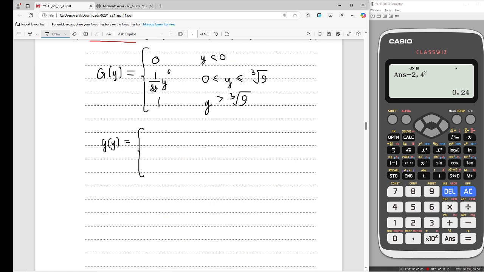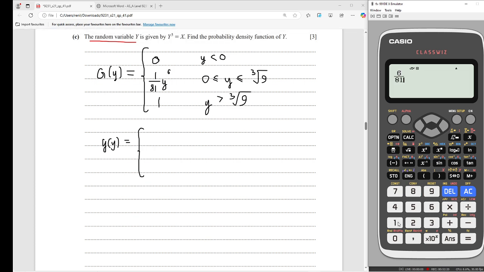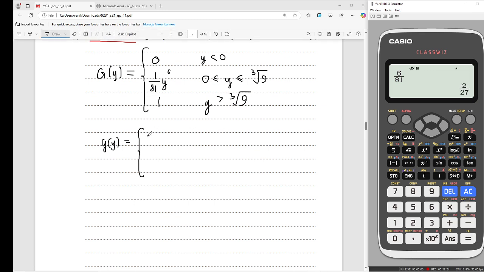So what's the function going to be when differentiated? It's going to be 6 by 81 multiplied by y to the power of 6 minus 1. So that is 2 by 27 multiplied by y to the power of 5. And this is applicable when the range is the same as the CDF. You can choose when to solve for the ranges.